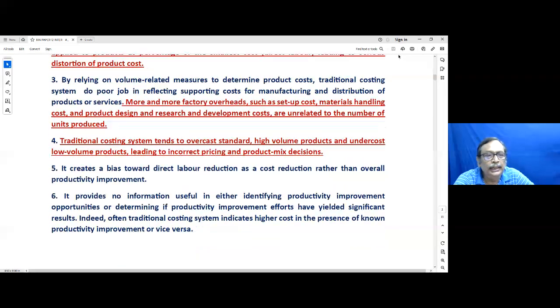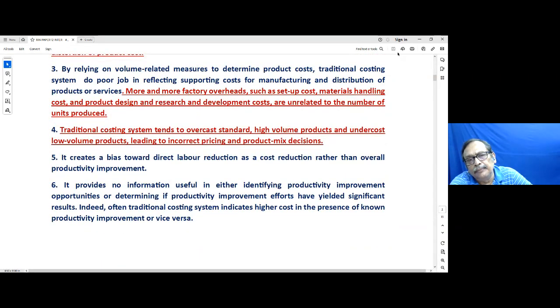Fourth point: traditional costing system tends to overcost standard high volume products and undercost low volume products, leading to incorrect pricing and product mix decisions. Now, fifth disadvantage: it creates a bias toward direct labor reduction as a cost reduction rather than overall productivity improvement.